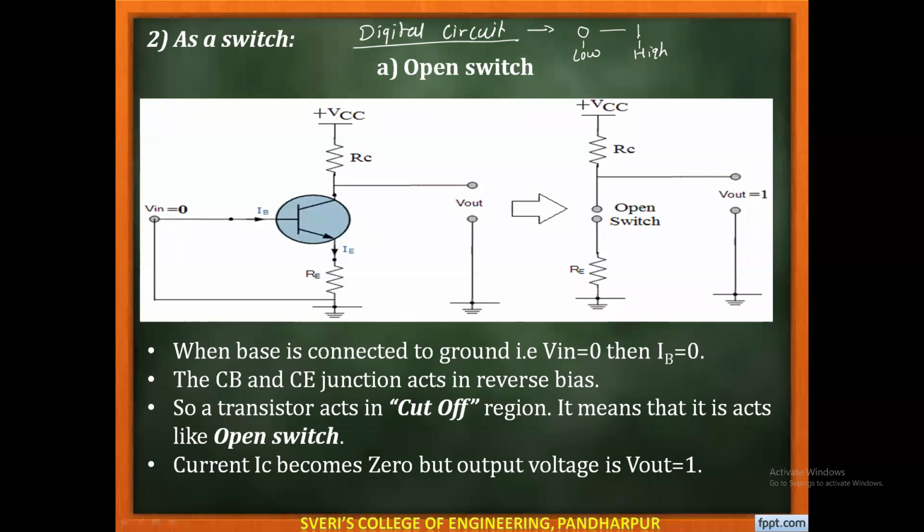And now in the digital circuit, the transistor can act like a switch. It means that when the switch is closed, I say that the current can flow. It means that it becomes 1 when the switch is closed. And when the switch is open, I say that current will not flow. So we say that it's a 0.